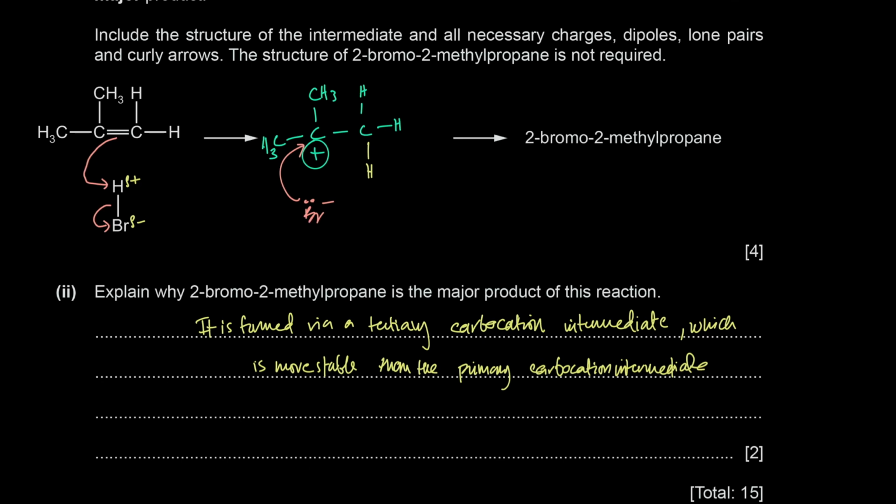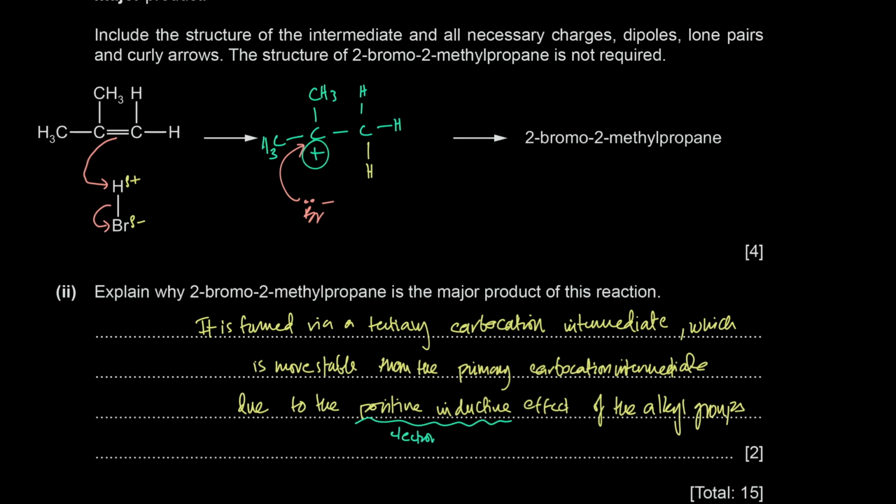Due to the positive inductive effect, or you can say the electron donating effect, of the alkyl groups. This positive inductive effect is also the electron donating effect, but positive induction is the proper term for this.